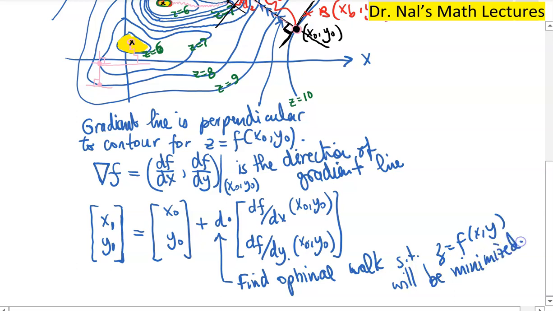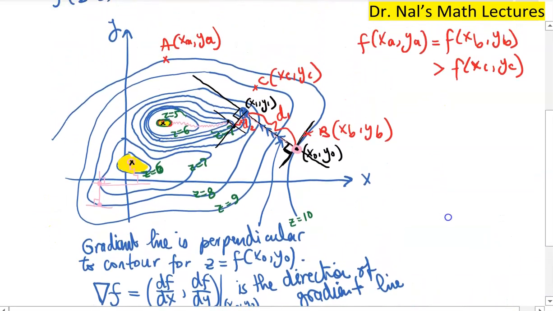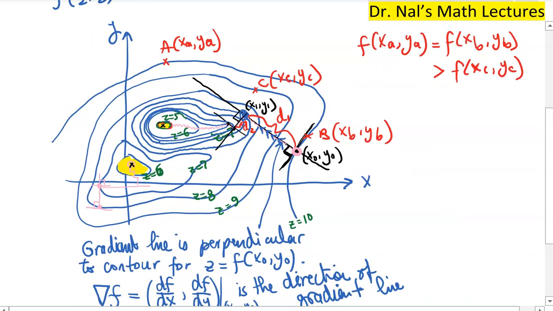Does that make sense? As an example, consider this is a map, like a geographical map where these contour curves are the heights, and you are at a point on the mountainside and you want to find the bottom, the point with the smallest altitude.